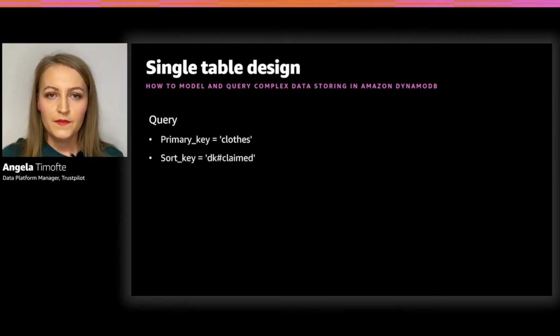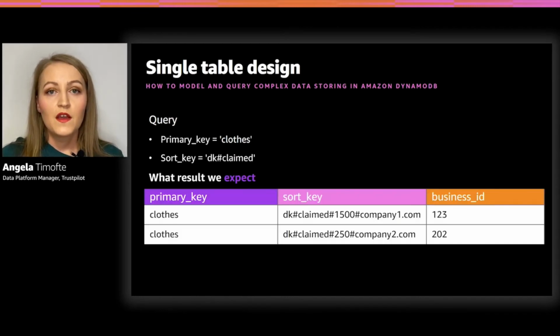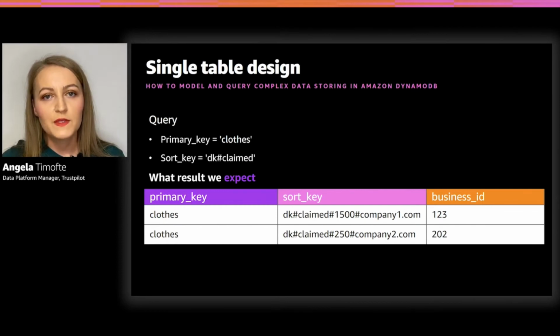To get that, the query is primary key equal clothes, and then sort key equal DK and claimed. The results that we expect are these ones, where we get the right category, clothes, and DK claimed, and then company 1 as the first item because it has 1,500 reviews, and company 2 as the second because it has 250 reviews.